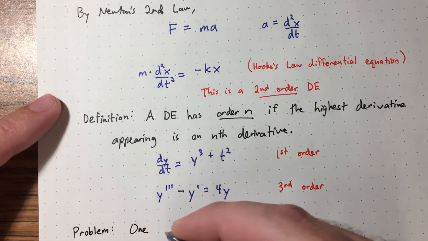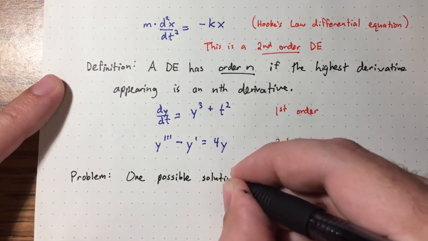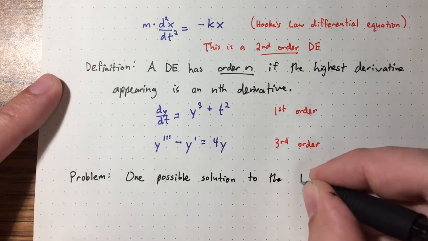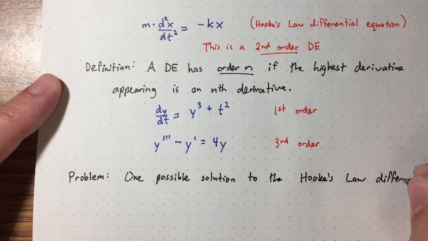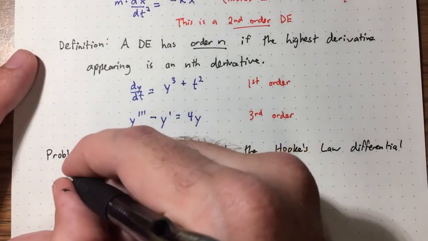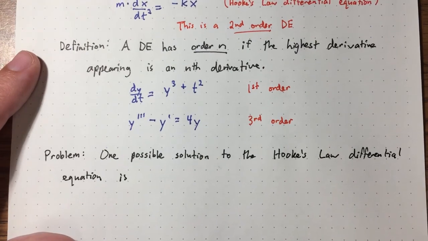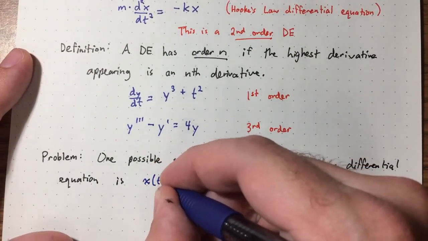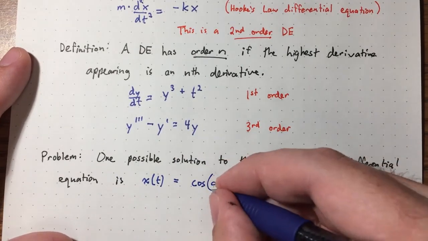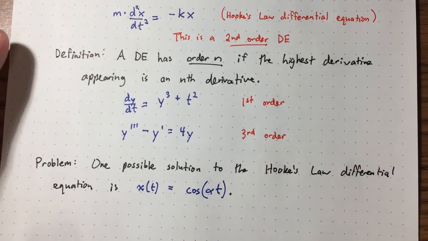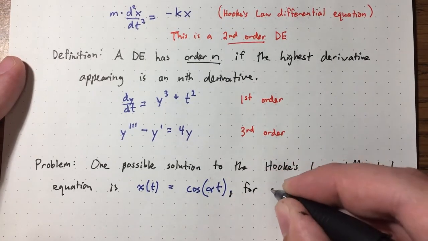One possible solution to the Hooke's law differential equation is x of t equals cosine of alpha t, for a particular value of alpha.